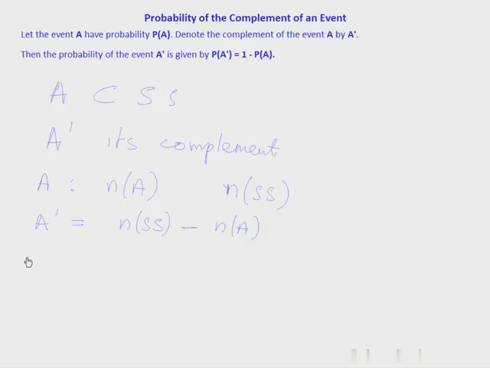Now, we know that since it's the complement, it consists of all the outcomes that are not in A. So we know that NA plus NA dash will give us the entire sample space. So NA plus NA dash is NSS. The number of outcomes in A plus the number of outcomes in A dash is equal to the total number of outcomes. I divide throughout by NSS.